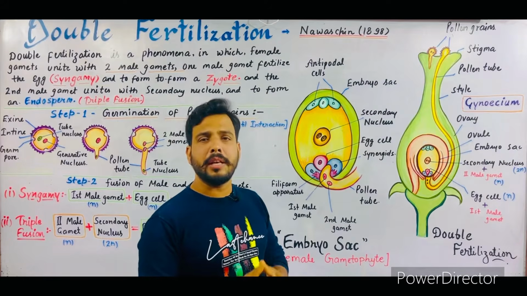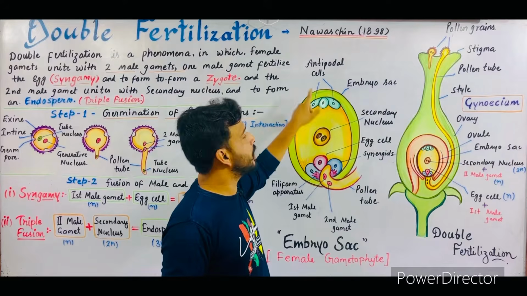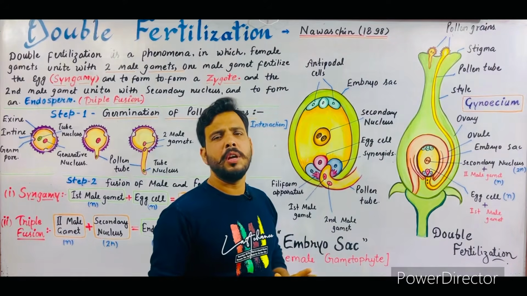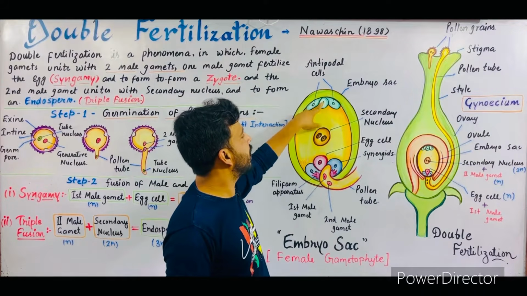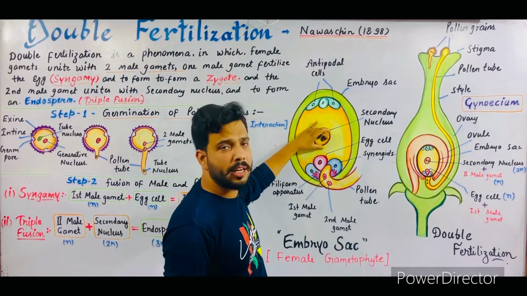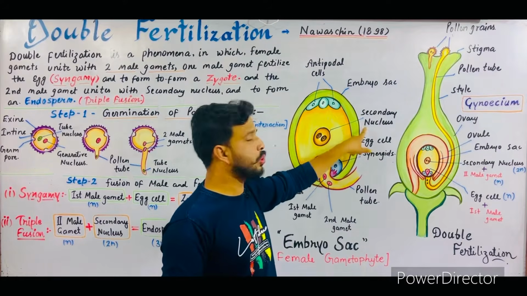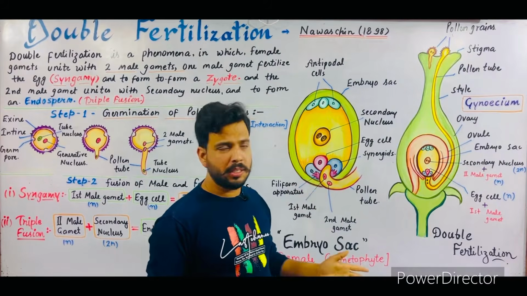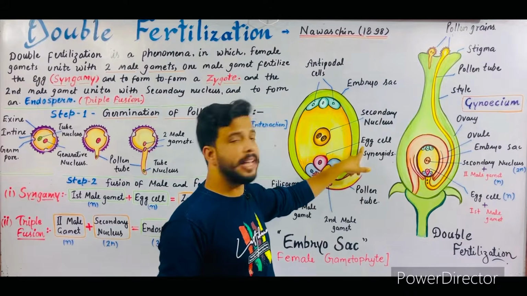Now, what about the structure inside the embryo sac? There are a total of 7 cells and 8 nuclei. 3 cells are known as antipodal cells, which are present at the chalaza pole. I have described all the terms in my last video, that was the structure of ovule. In the center, 2 polar nuclei are present, which fuse together just before fertilization and convert into the secondary nucleus, while towards the micropyle pole 3 cells are present, in which 2 cells are known as synergids and 1 is known as the egg cell.